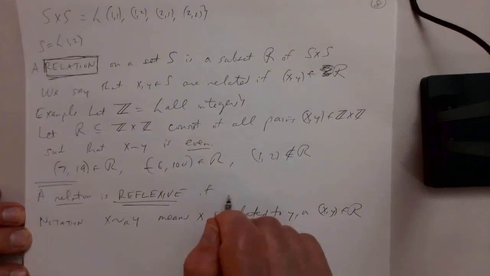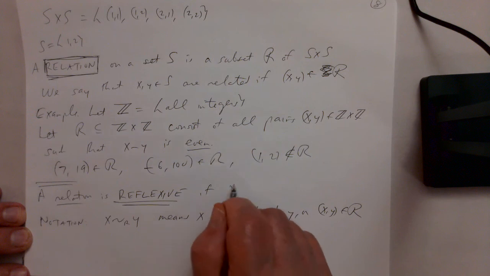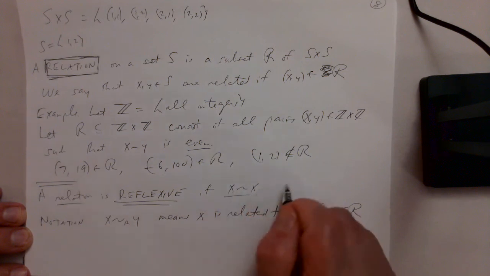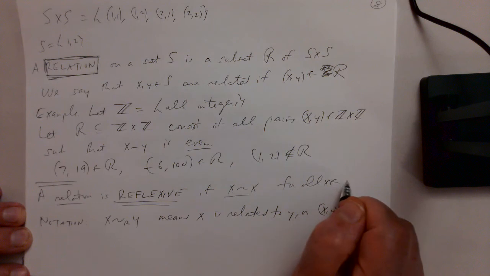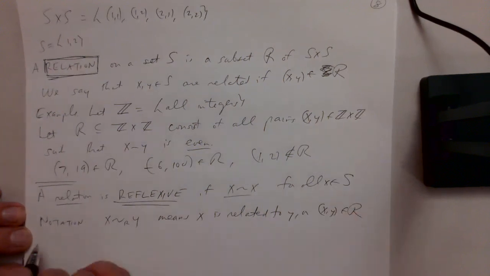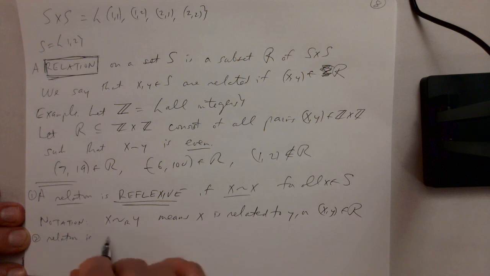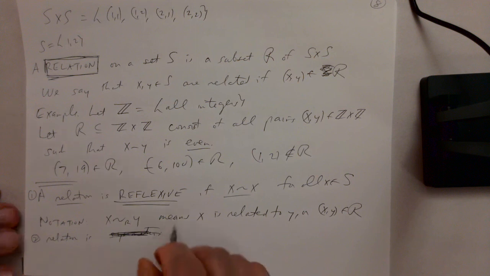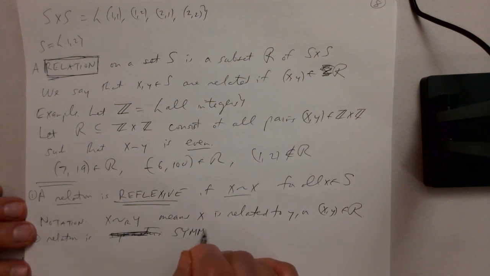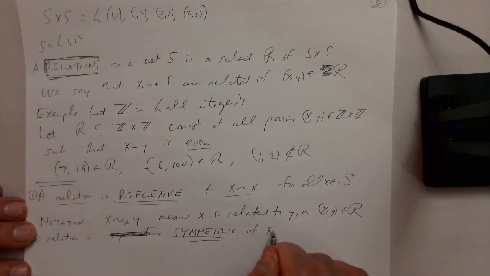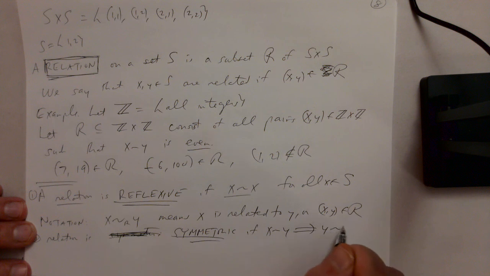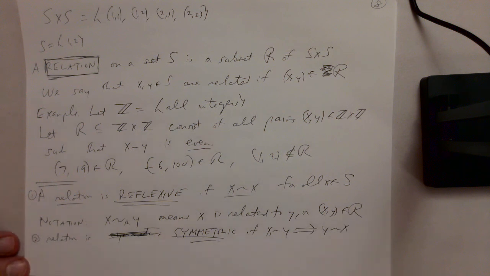So a relation is reflexive if every element is related to itself. We say that the relation is SYMMETRIC, capital letters because it's so important, if whenever X is related to Y, that implies Y is also related to X.